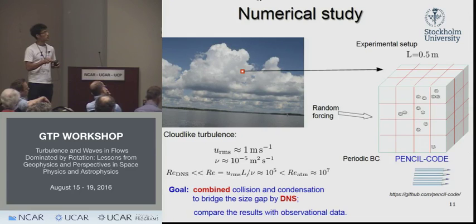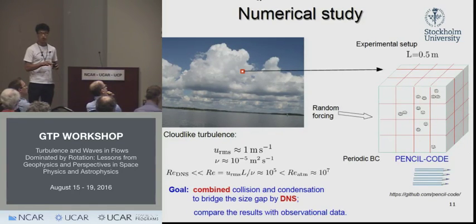Within the clouds, the u_rms is about 1 meter per second, with the viscosity of the air about 10 to minus 5. From here, we can estimate that the Reynolds number in the atmosphere is about 10 to 7, but in our simulation, it is still much smaller than this real Reynolds number in the atmosphere.